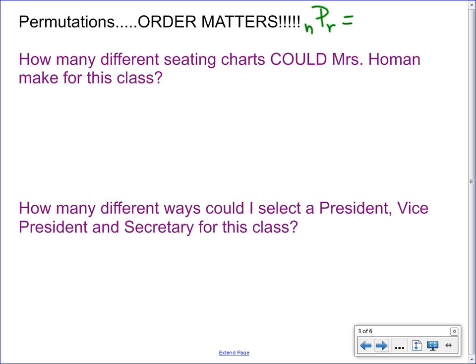A permutation, we have n factorial over n minus r factorial. So it's very similar to a combination, except one thing in the denominator. Isn't that just another n factorial? What's the difference? In a combination, we have an r factorial down in the denominator as well. Because that's accounting for it, or it doesn't matter.